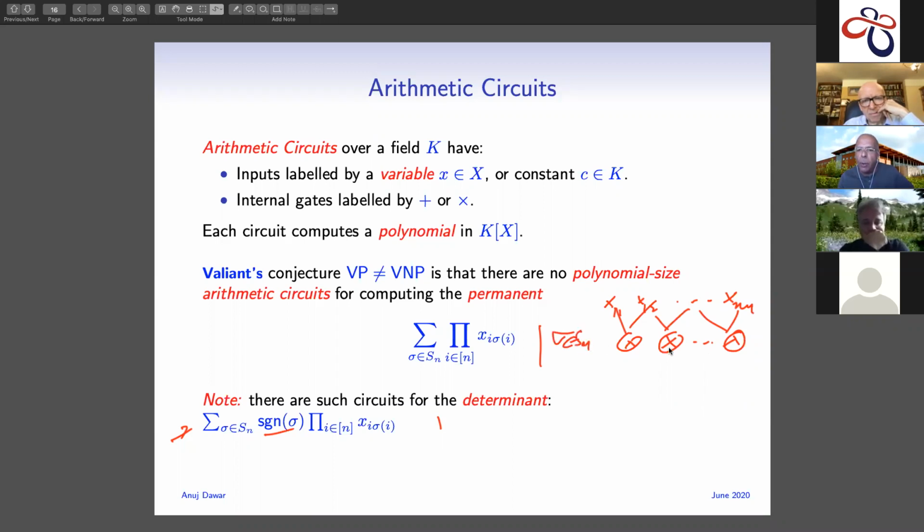So there'll be n factorial of these product gates, and then one sum gate. So it's a circuit of depth 2, but of very large size. It has n factorial size.